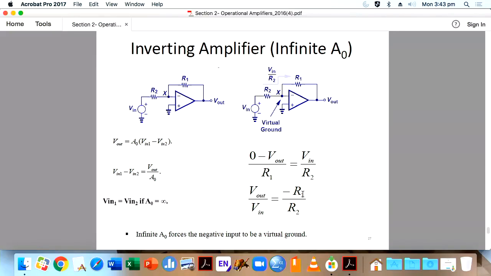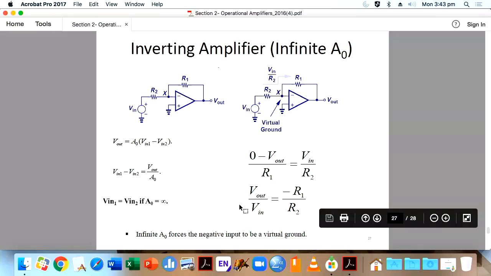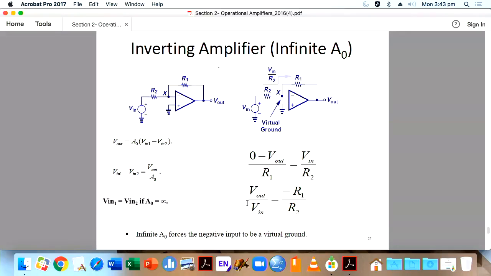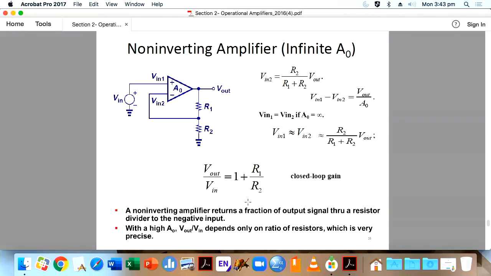I got somebody said non-inverting. How about your answer? Somebody said inverting. Yeah, so non-inverting might be good.